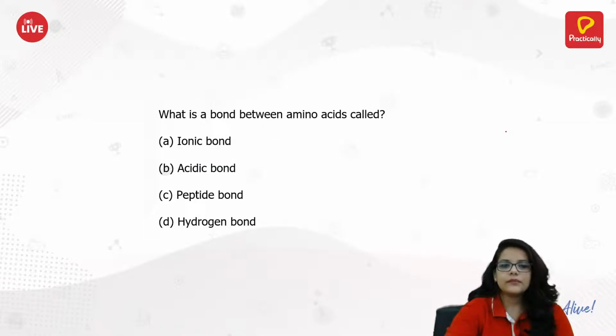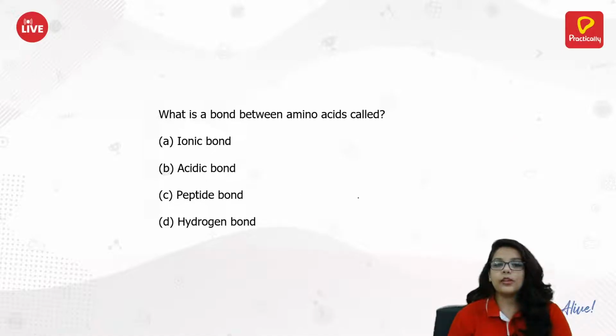Next, what is a bond between amino acids called? A peptide bond.